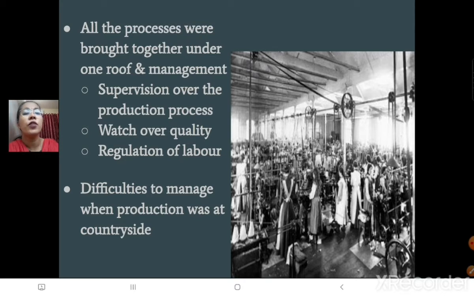As a result of this, it allowed a more careful supervision over the production process. A watch could be kept on the quality and also the regulation of labor, that is, supervising the labor, which was a difficult process when the production was in the countryside.